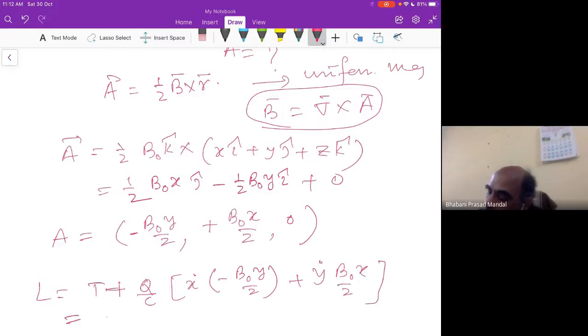So you have the Lagrangian T minus q by c, and B0 by 2 you can take outside, so it will be x dot y minus x y dot. So q B0 by 2c is the magnetic field term.